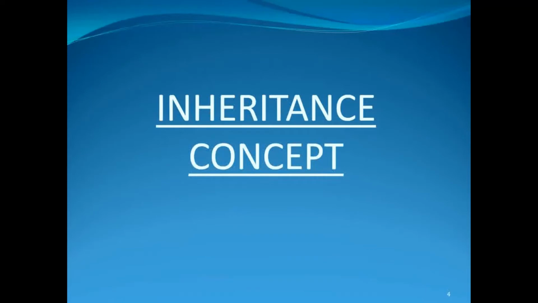Now, let me explain the term inheritance. It is one of the four pillars of object-oriented programming. It is a technique of organizing information in a hierarchical form. Using inheritance, you can create a general class that defines common characteristics for a set of related items.